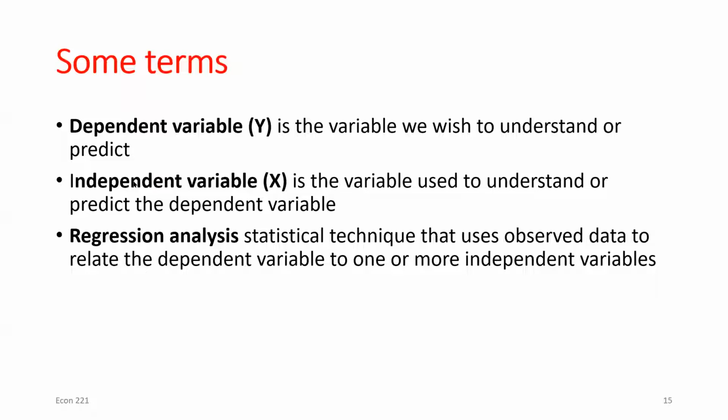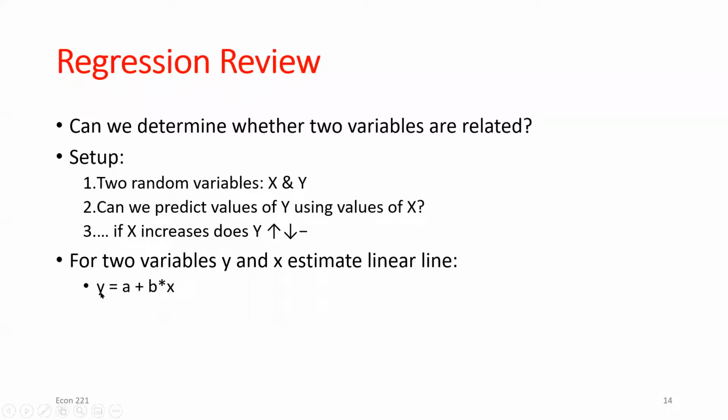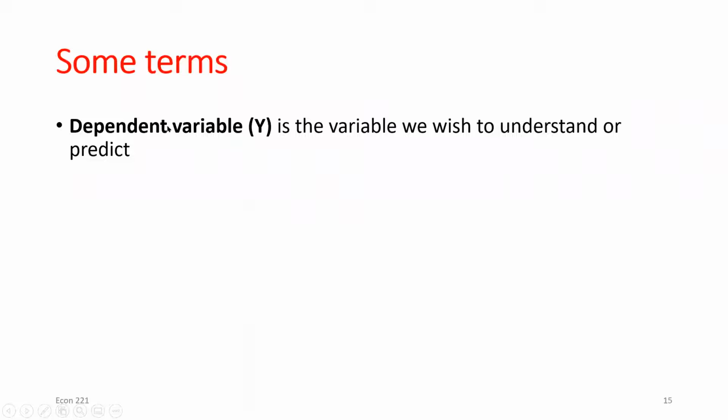So some terms that we're going to use: when I'm thinking about that regression equation, that Y variable, or my left-hand side variable, we will call the dependent variable. It depends on the value of X, right? So the Y, the dependent variable, the left-hand side variable, are all names I'll use to reference the same thing.